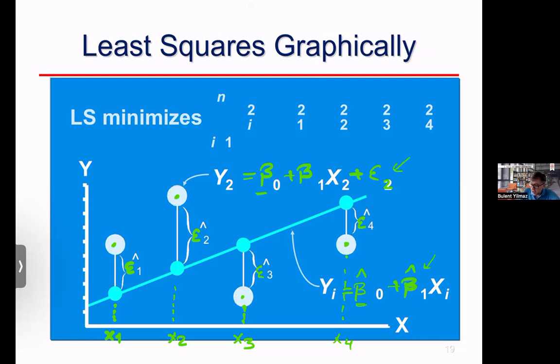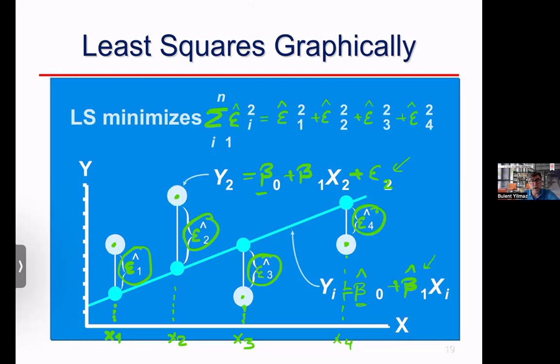So the error will be, okay, I'm gonna add all these errors, epsilon, error 1 plus error 2 plus error 3 plus error 4, but I'm gonna take the square of each of them.